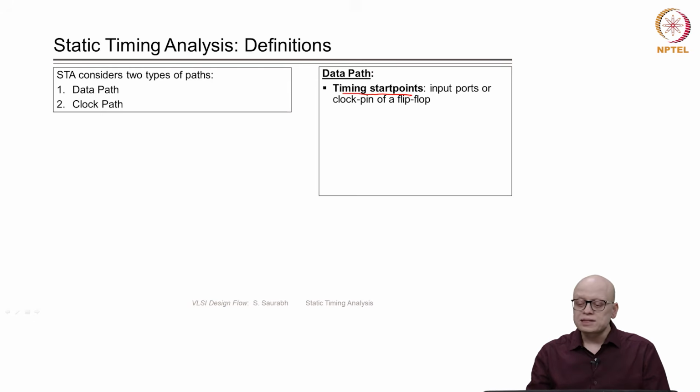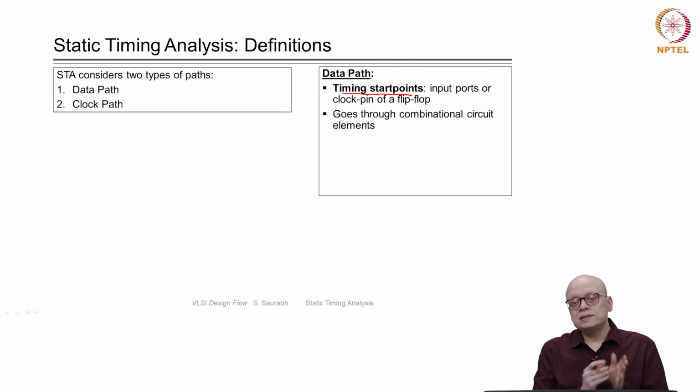Timing start points can be input ports of our design, or the clock pin of the flip flops. So, the input ports of our design and the clock pin of the flip flop are considered as the start points of the data path from the perspective of static timing analysis.